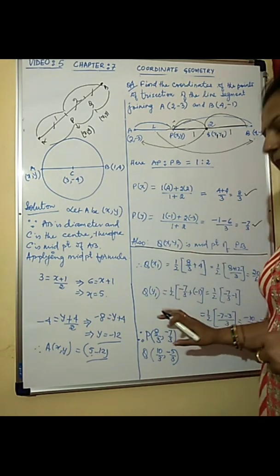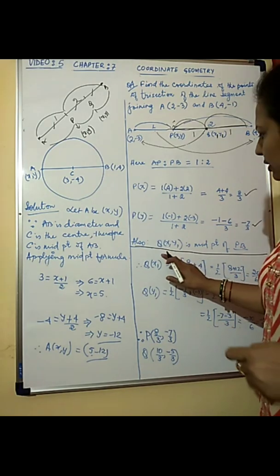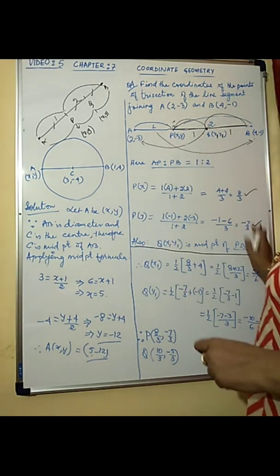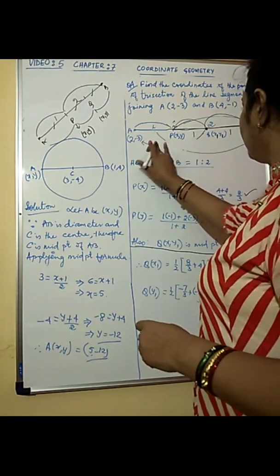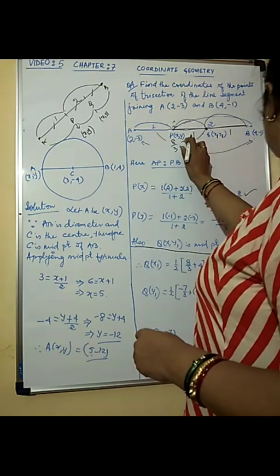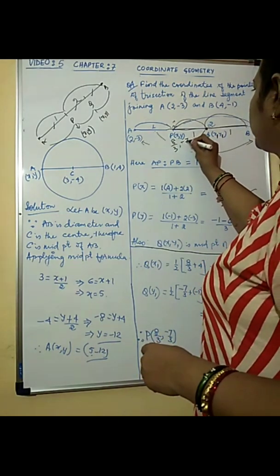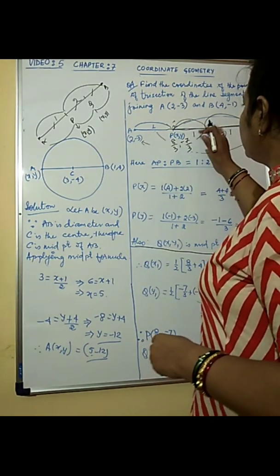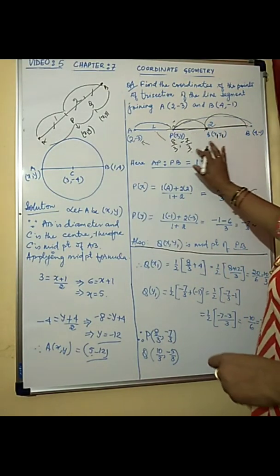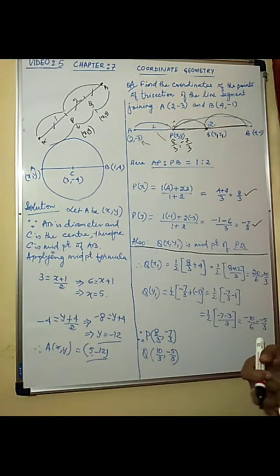So now we can apply the midpoint formula because we know the value of P (x, y), which is equal to 8/3 and -7/3. We can use the midpoint formula and then find the value of Q (x1, y1).